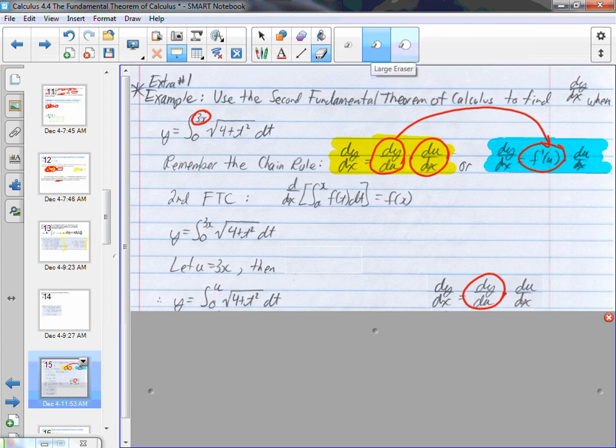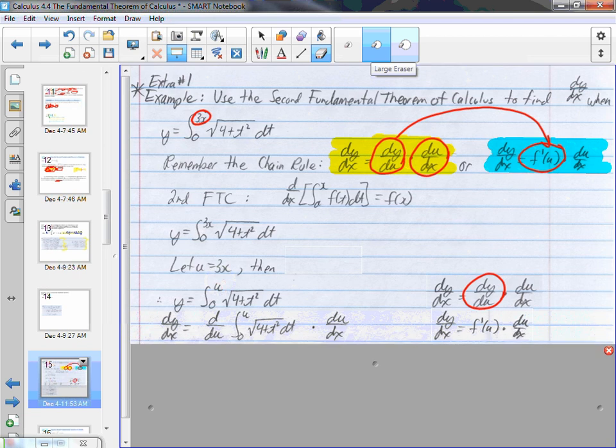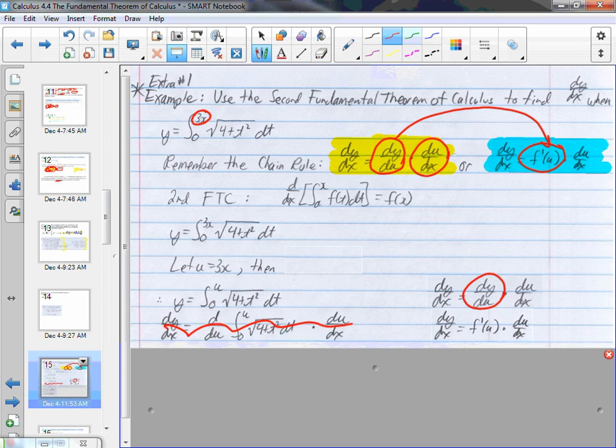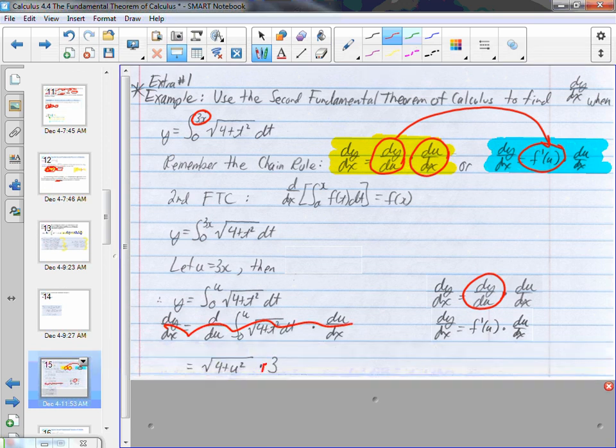Well, it's a u, so we get, oh, I forgot I rewrote it like this. Let's skip that for a moment. So, the derivative of that with respect to u is the square root of 4 plus u squared.